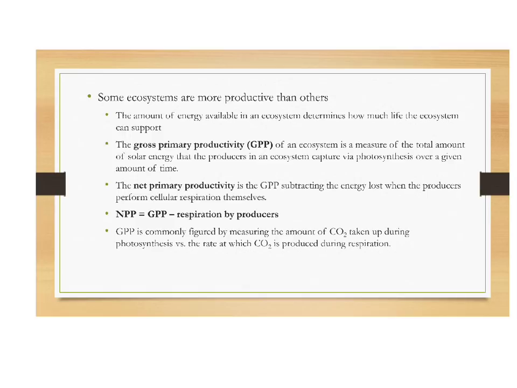Gross primary productivity, which we abbreviate as GPP, of an ecosystem is a measure of the total amount of solar energy that the producers in that ecosystem capture via photosynthesis over a given amount of time. So the higher the solar energy, the greater the gross primary productivity. The net primary productivity is the GPP minus the energy lost when the producers perform cellular respiration for themselves.